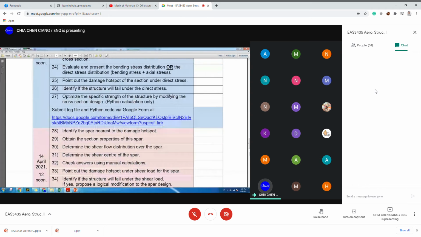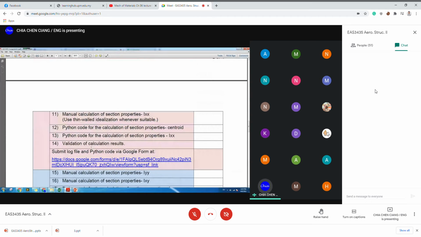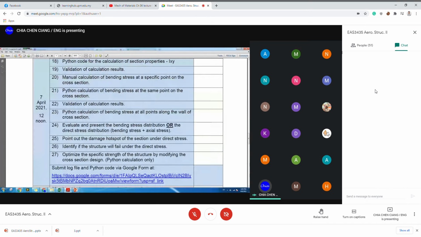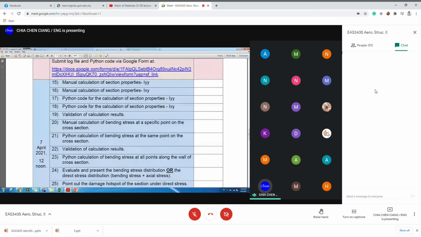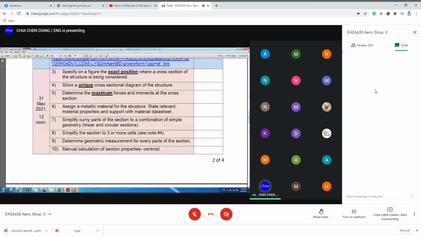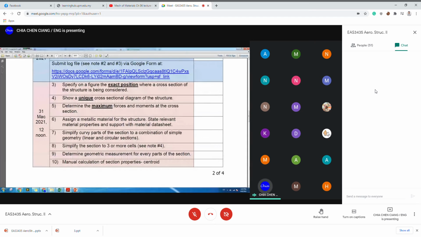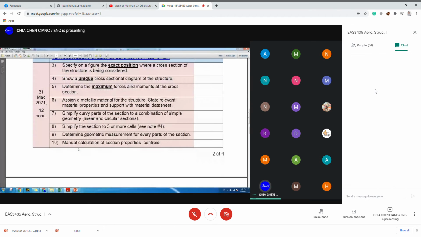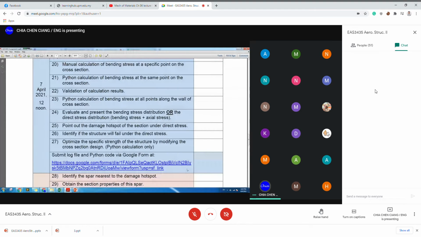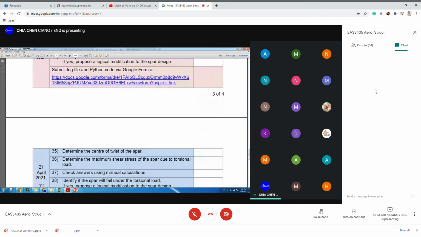Is it possible that I ask for an extension of time so that I can check your log file and give you feedback before you submit the next one? So if there's any mistake, you can correct it before more mistakes are made. Is it possible if I ask for an extension of time? That's fine.